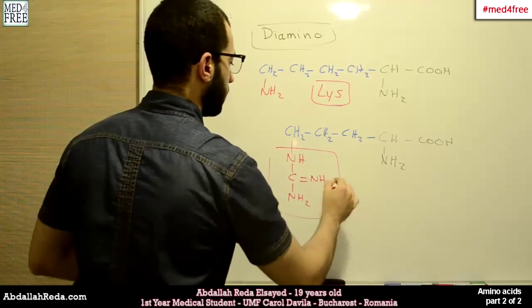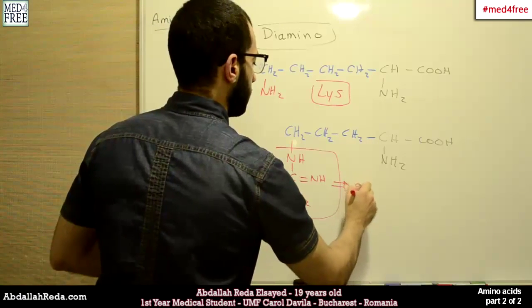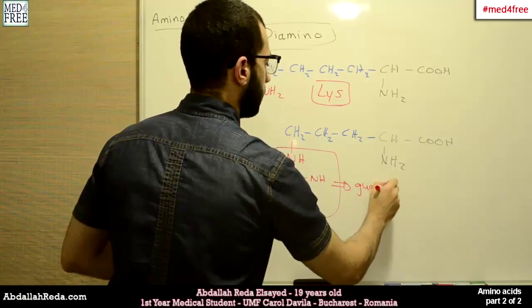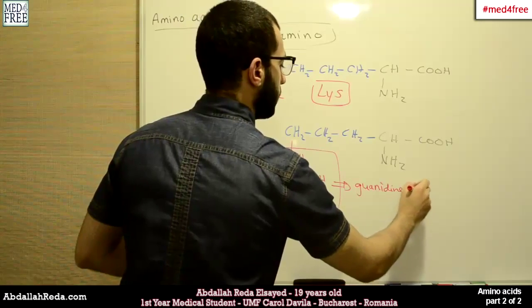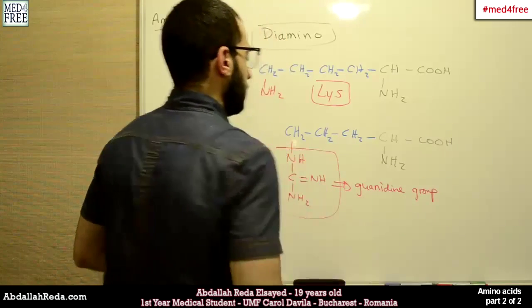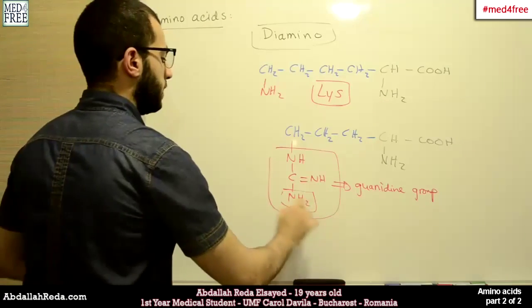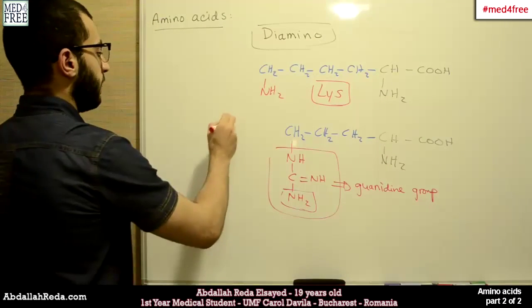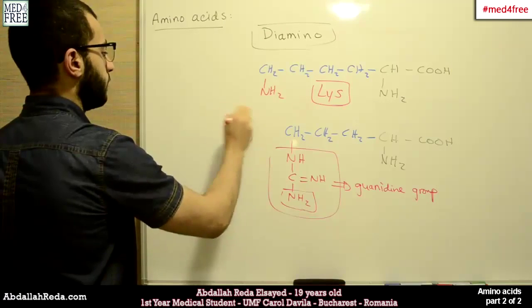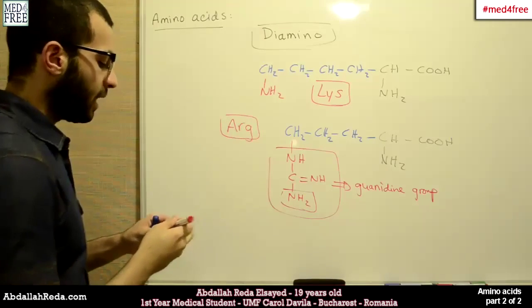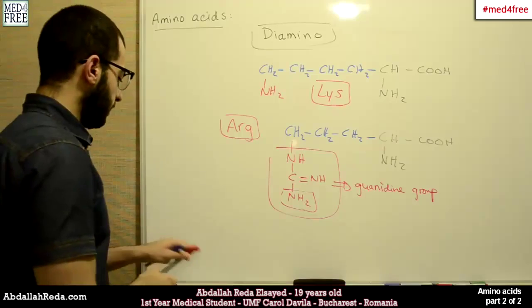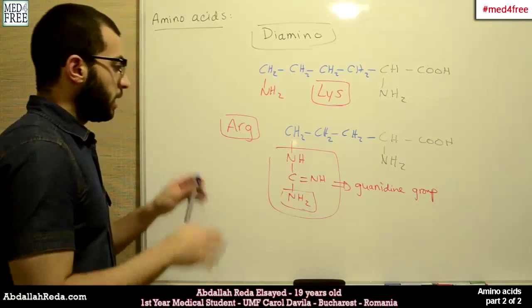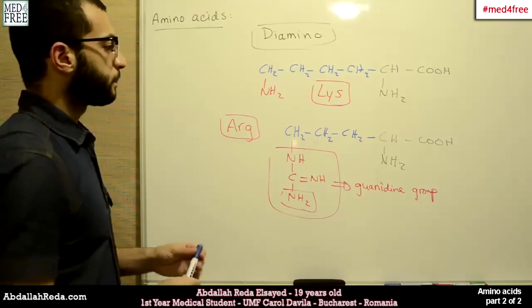This whole thing is called a guanidine group. And this is the extra amino group that we have in arginine, which is abbreviated to ARG. And this sums up everything for amino acids, their names and their structures.